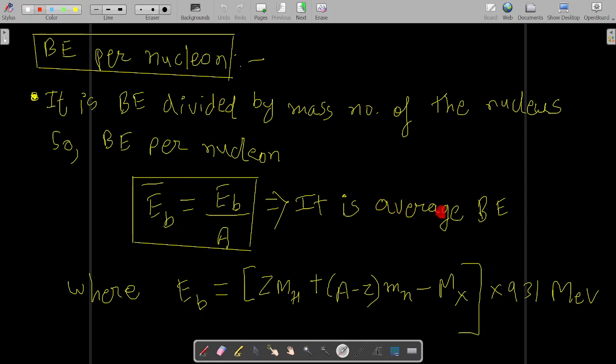It is also called the average binding energy, where your binding energy is as found in the previous lectures.